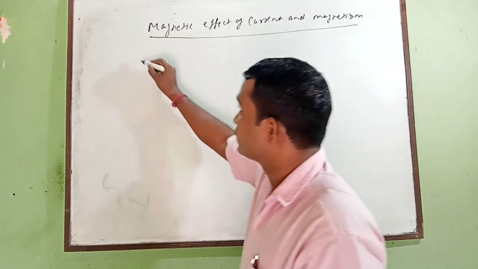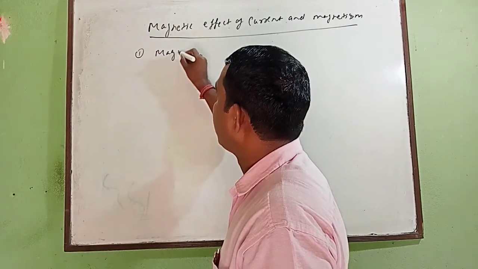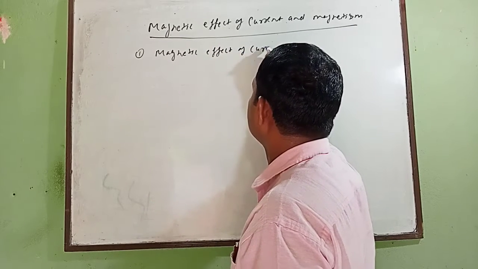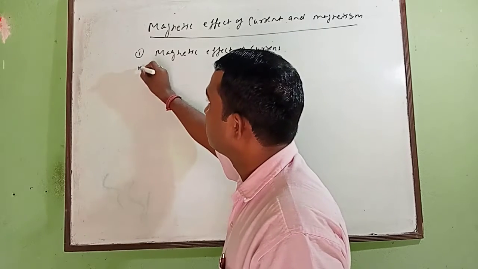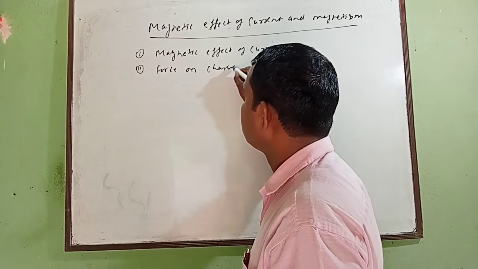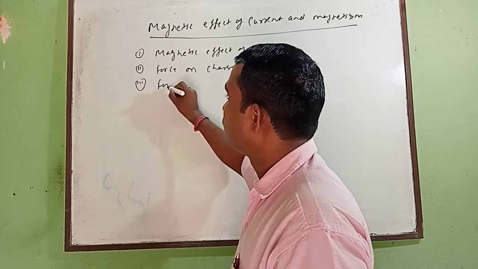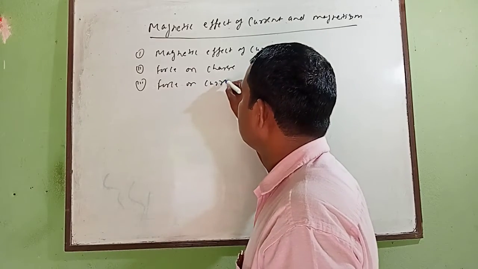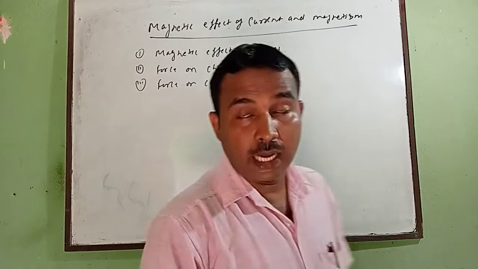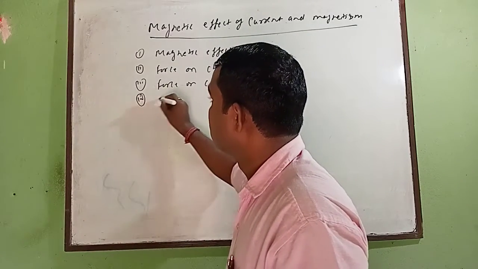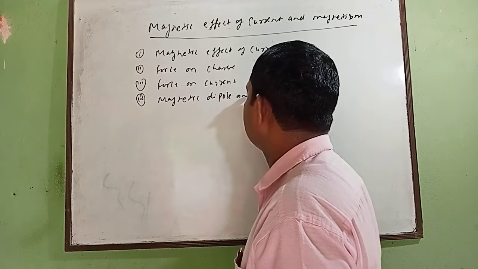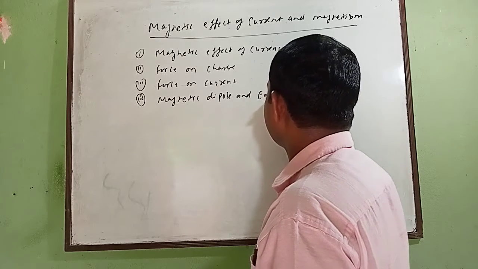So we have magnetic effect of current and magnetism. There are some topics: first we have magnetic effect of current. Another is force on charge. Next we have force on current. Force on charge, force on currents, and magnetic dipole and earth magnetism.